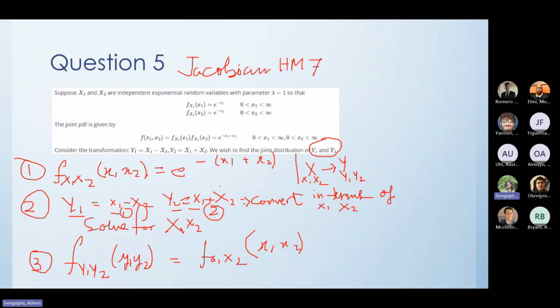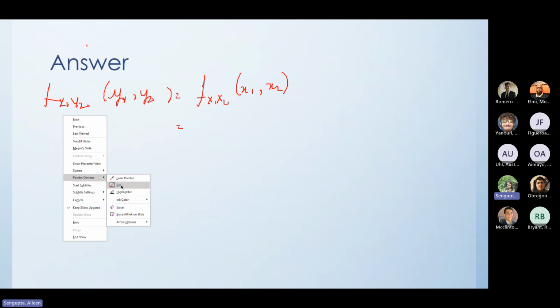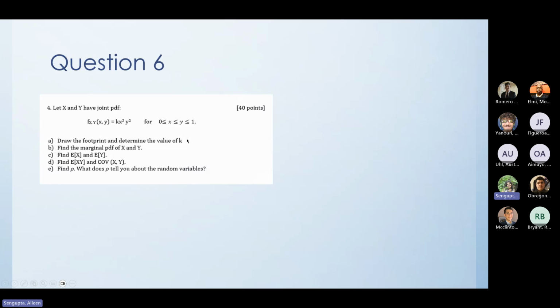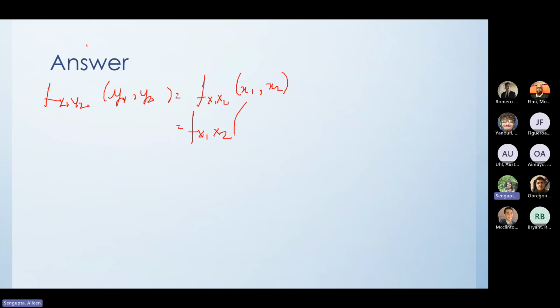x1 plus x2. So f of x1, x2. You're giving the expression for x1 in terms of y: y1 plus y2 upon 2.